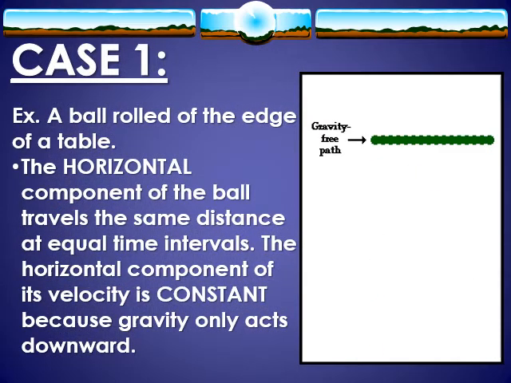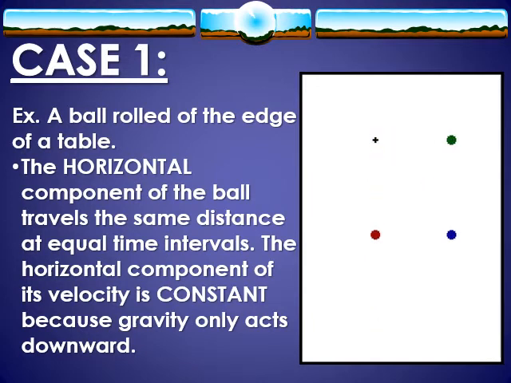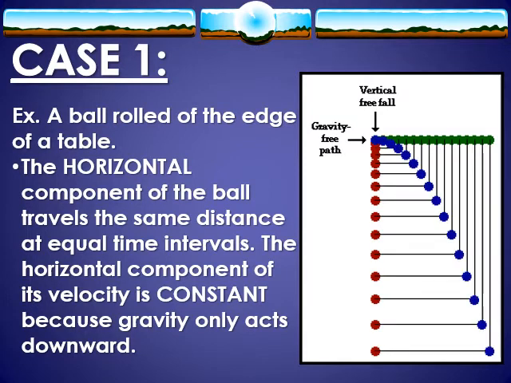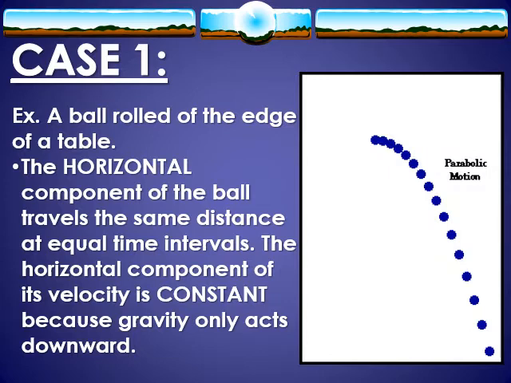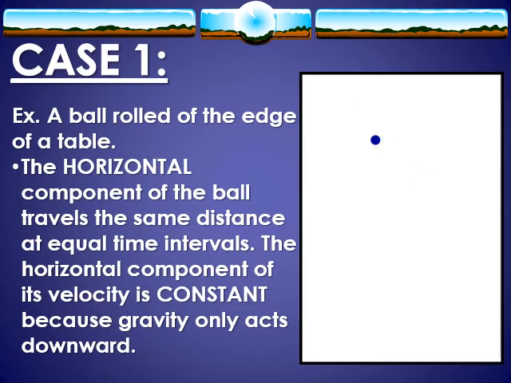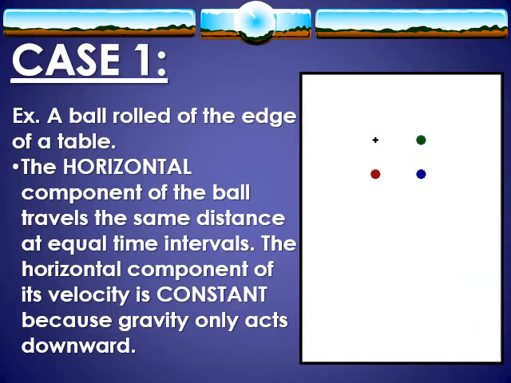Okay, so now here are the answers to the questions in the previous slides. Let's go to the first question first. Let's focus on the horizontal motion or the horizontal component of projectile case 1. We have an example here. It says, a ball rolled off the edge of a table. Okay, I'll be reading this and then the next slide will let us visualize more. So it says here, in the horizontal component, the ball travels the same distance.